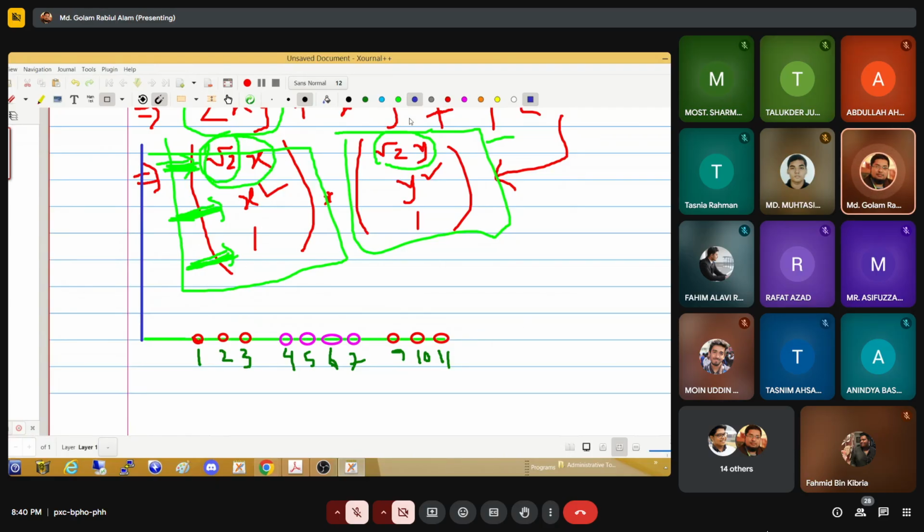Now, not only the x direction, this is the x direction, this is x, and this is the y. And we have to consider also the g.